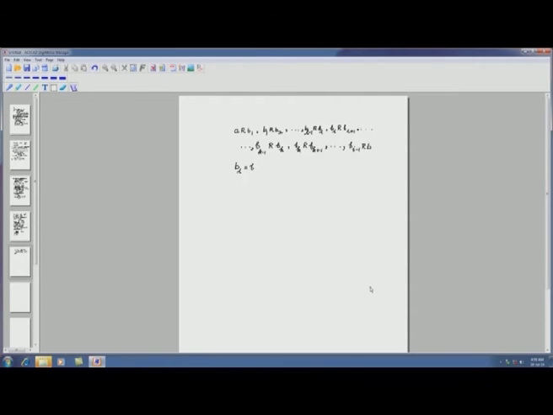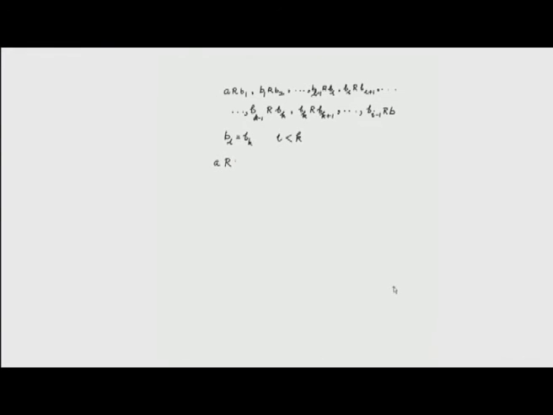We have a path like this, and suppose B L is equal to B k, L is strictly less than k. Then, as we have seen in the diagram, but in this case more formally, we can write a path from A to B as A starting from B1 and so on till we reach B L minus 1 R, and here instead of B L I can just write B k.